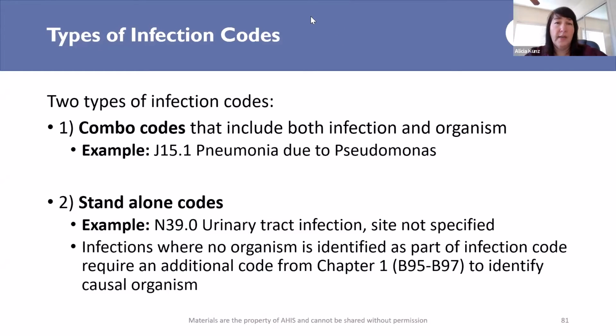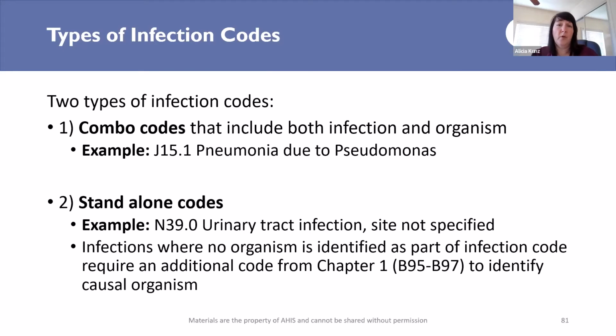So I always like to go over what sort of infection codes we have. There are two basic sort of infection codes. The first one would be a combination code, and that would include your infection and the causal organism together. So for example, we have here J15.1, pneumonia due to Pseudomonas. And the second type is your standalone infection code, meaning it's just an infection without the causal organism.